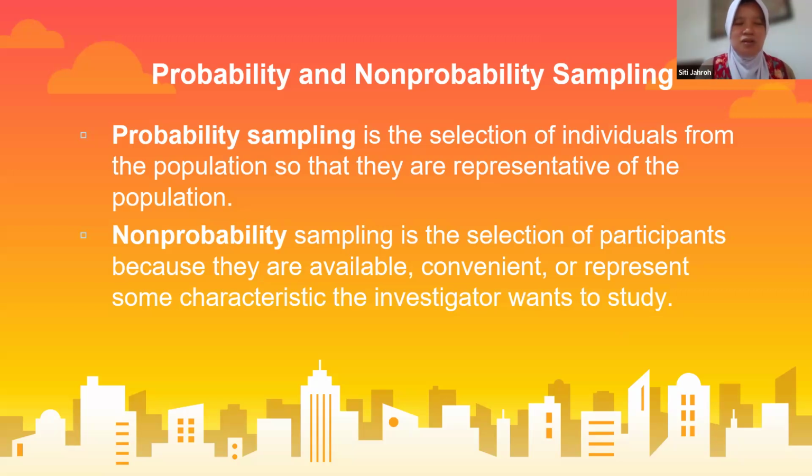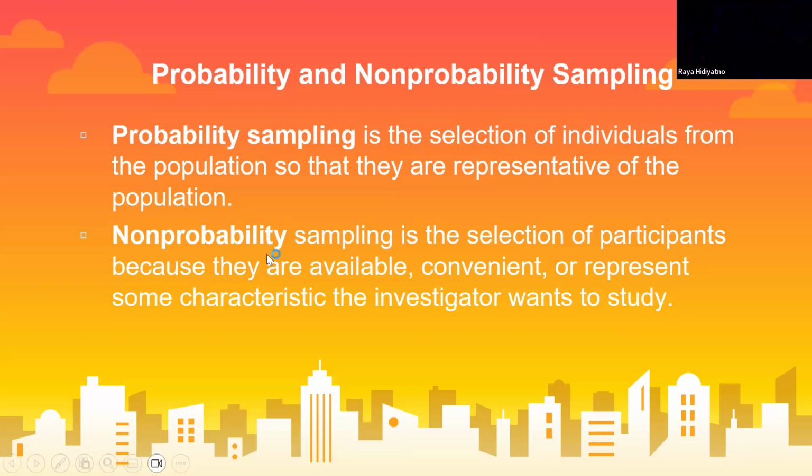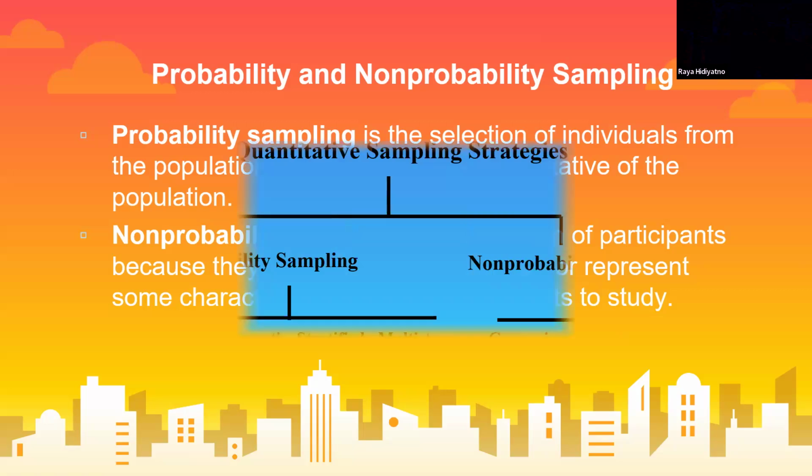So you select the sample based on availability and convenience. That's non-probability sampling. Is it clear, probability and non-probability? Yes, Miss. Okay, good.